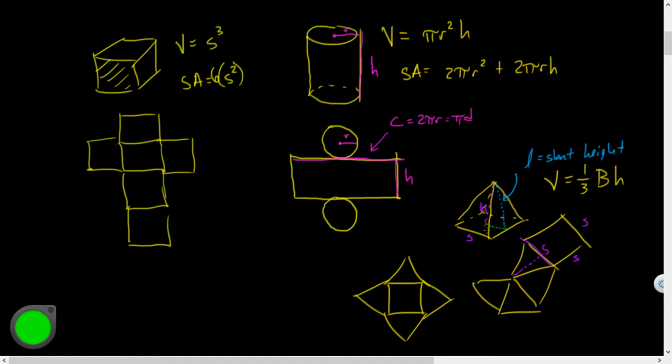I don't think this other edge has a name. That's just an edge. Maybe there's a name for it, but I haven't named it. It's nameless to me.